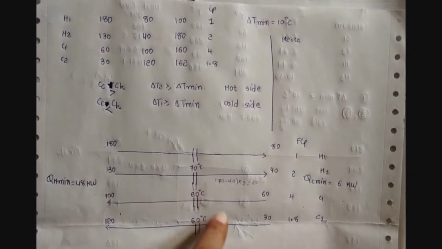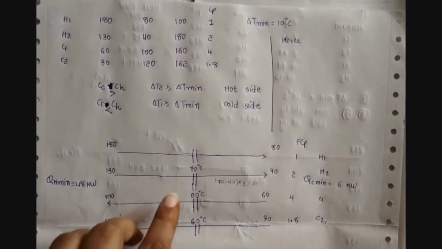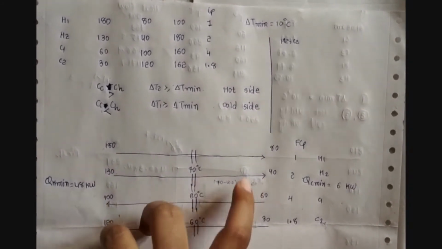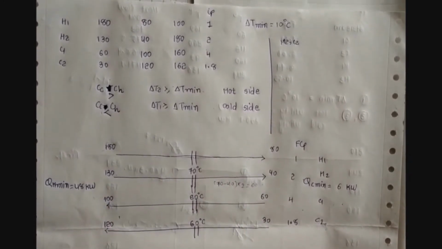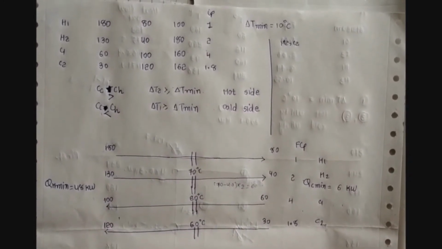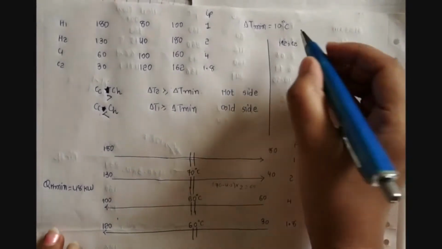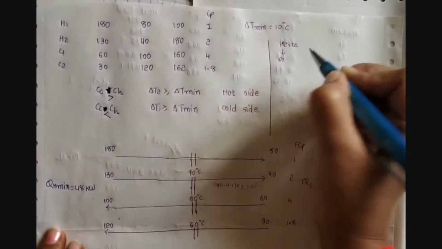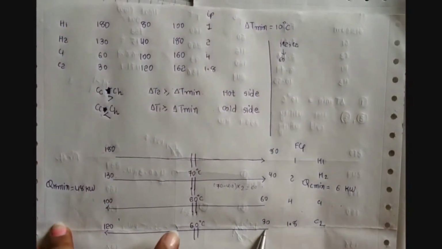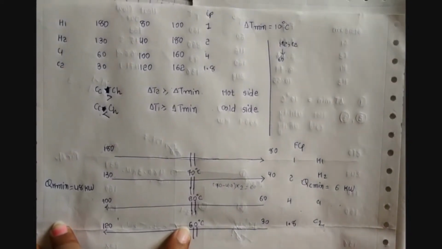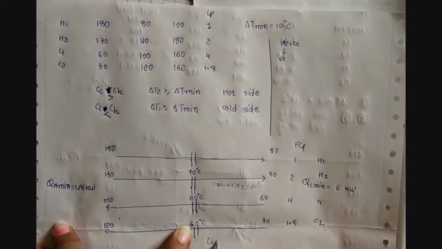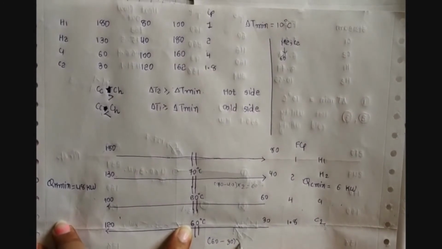Now we will see how much cooling is required for H2. So 70 minus 40 into its heat capacity, that is 60 kilowatt required by H2. And the total heat available in C2 is 60 minus 30 into 1.8, which means 54 kilowatt.